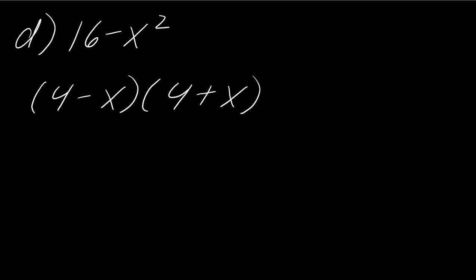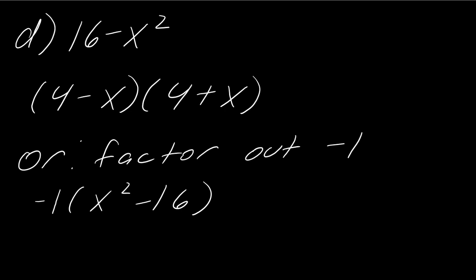Now, I do want to throw out that I've noticed that some books will bring up another way to do this, and so I'll just show you. I actually don't like this because it's something that you have to remember, but it's a bit of an extension of something we've already talked about. Some books will talk about factoring out -1 first. So if I factor out -1 first, now the negative x squared becomes positive, and then the 16 becomes negative.